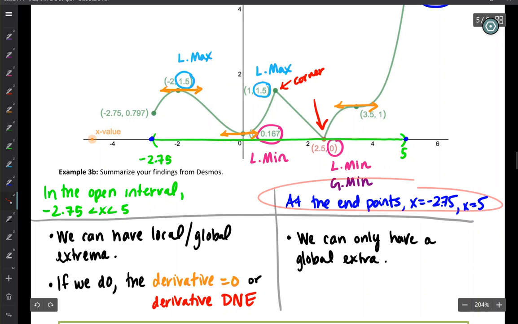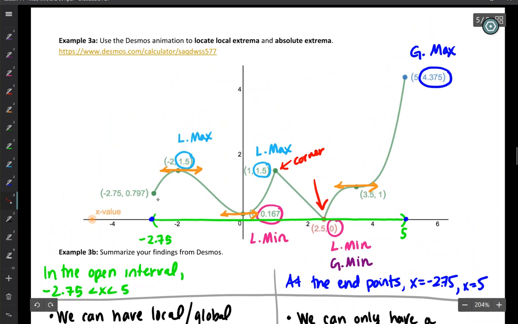At the endpoints, you might not have a global extrema, like at this endpoint when x is minus 2.75, this y value of minus 7.97, that's not an absolute min or max, right? So they don't have to be one, but they could. Like here, we've got an absolute max occurring when x is 5.